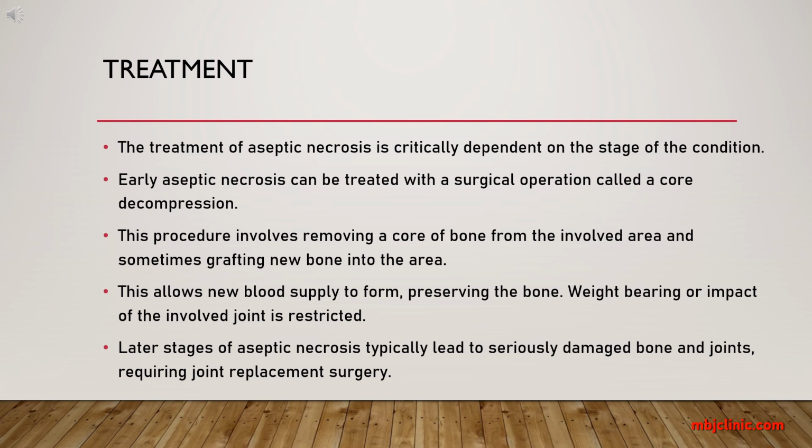This allows new blood supply for preserving the bone. Weight bearing or impact of the involved joint is restricted for some time. Later stages of aseptic necrosis typically lead to seriously damaged bone and joints requiring joint replacement surgery.